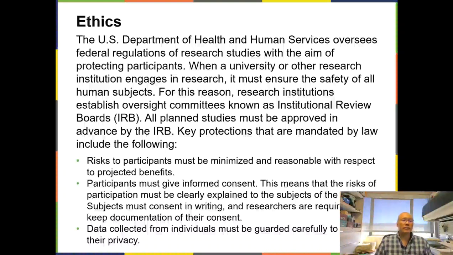The risk to participants must be minimized and reasonable with respect to projected benefits. Participants must be given a consent form, so the risks are explained clearly and the subjects know what they're getting into. And data collected from the individuals must be guarded carefully to protect their privacy.